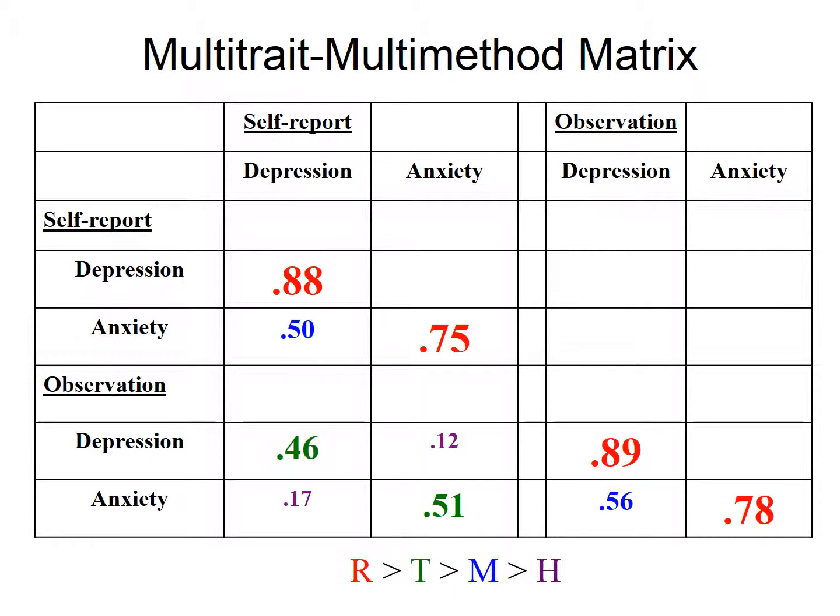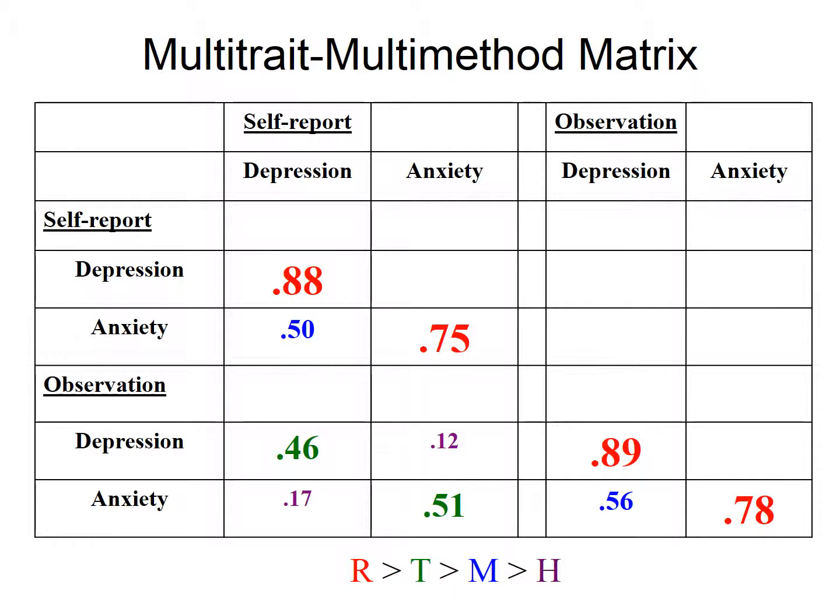Here's an example that's not quite as convincing. It's still better. It's still got a little bit of what we're looking for, but we're definitely starting to see some issues. In this case, the red boxes are still the highest. The very lowest red box is 0.75, and that's still higher than the other boxes.